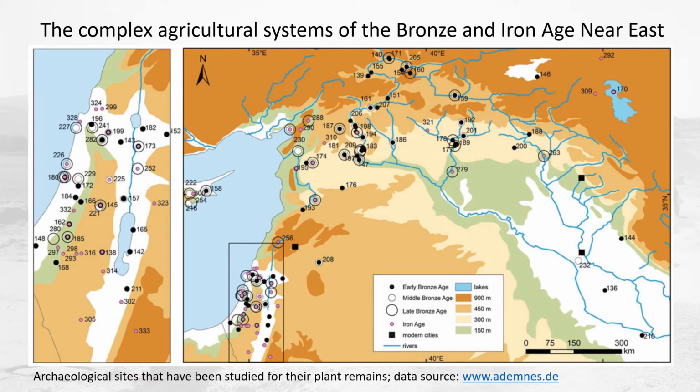There is a massive amount of data on agricultural techniques in southern Mesopotamia from cuneiform texts, while information on agricultural production for a more extended region also derives from archaeological and archaeobotanical studies, as you can see in the map.